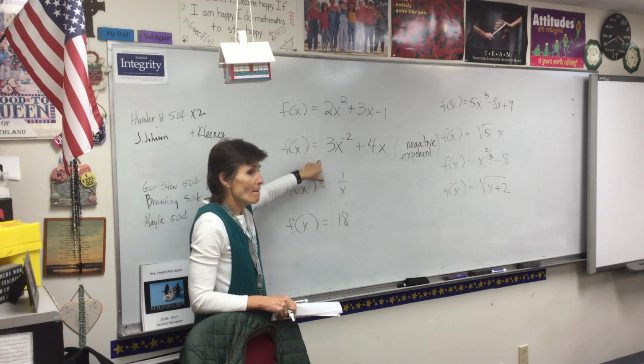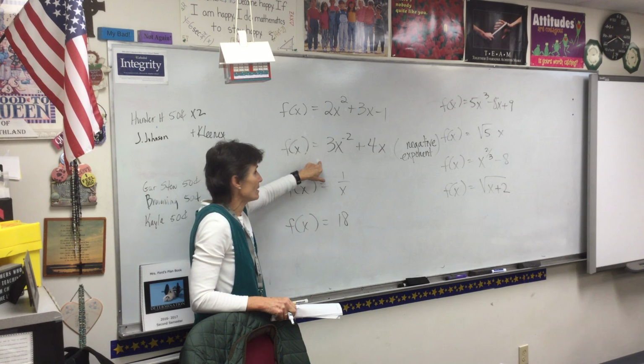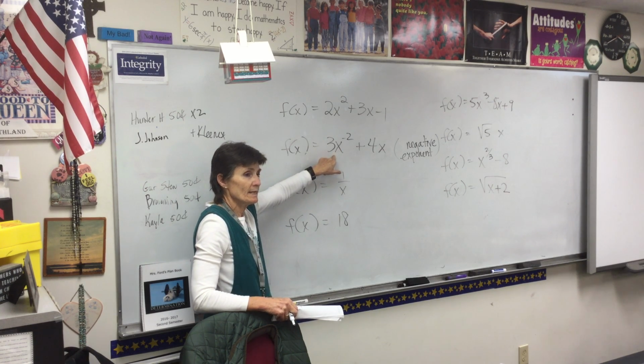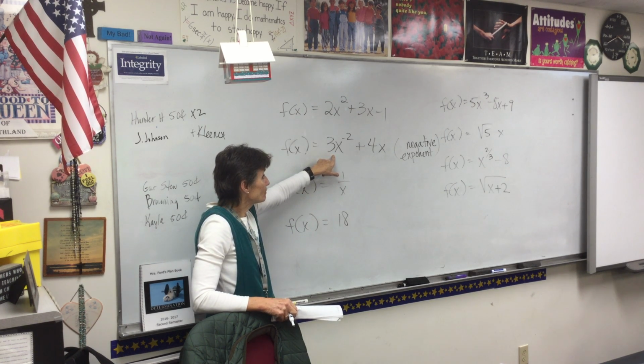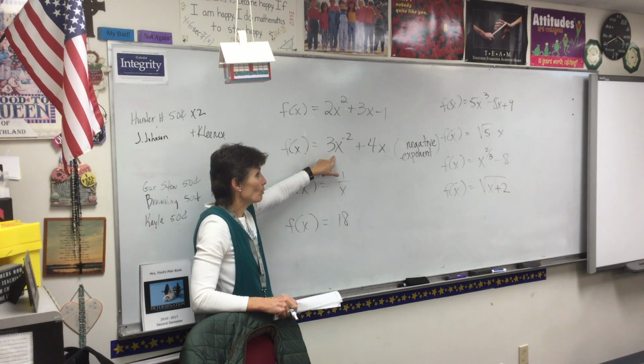Now, you remember from your algebra and from what we did earlier in the year, what do we do when we run into negative exponents? Make it positive. And how do we make it positive? We move it to the bottom of the fraction, right?